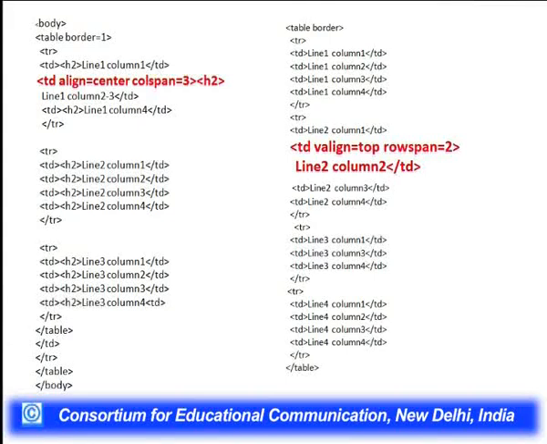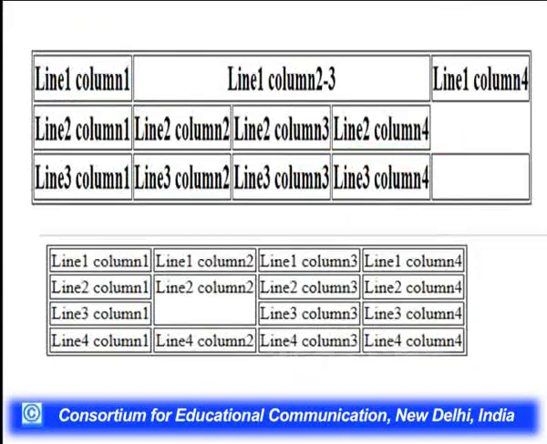So, you can see in this case how this is appearing. This is the first case where we have merged 3 columns together. In the first cell we write TD, line 1 column 1, then you write TD with colspan equal to 3 and you specify line 1 column 2 to 3, and the next TD remains the same.